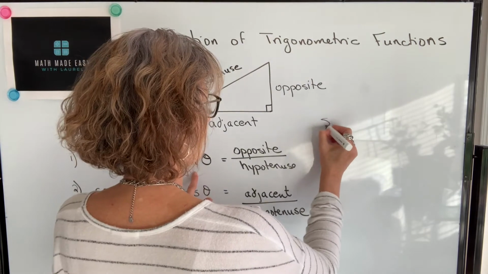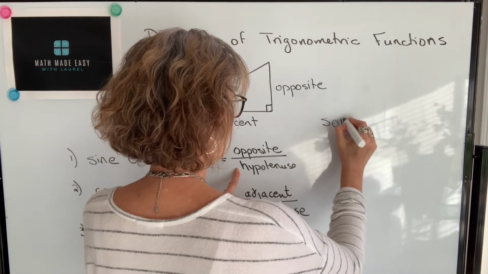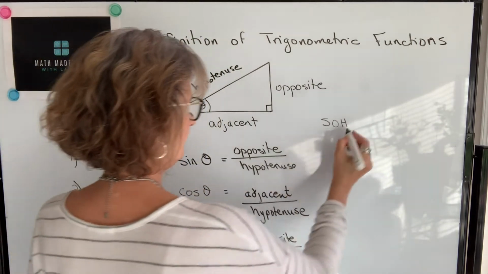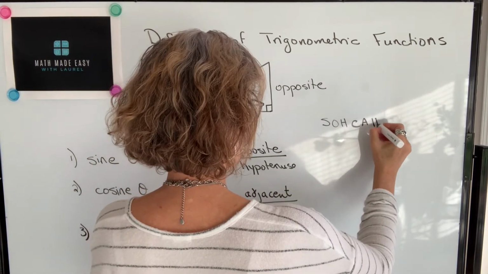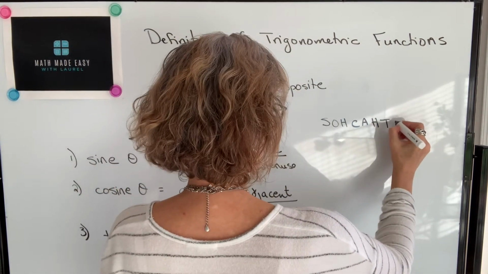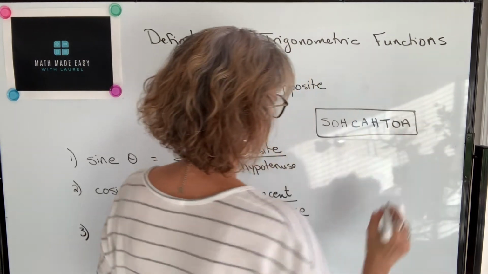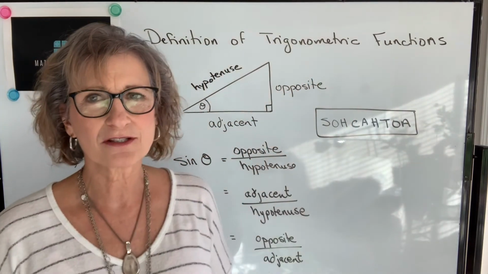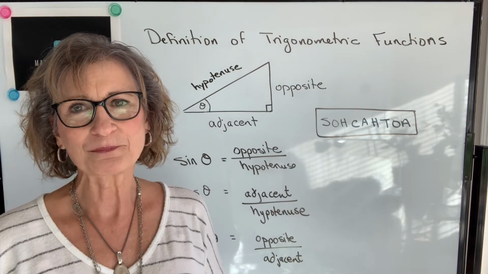Sine is defined as the ratio of the opposite over the hypotenuse. Cosine is defined as the adjacent side over the hypotenuse. And tangent is defined as the opposite side over the adjacent side. So I think a lot of students find that useful to remember what the definitions of these trig functions are.